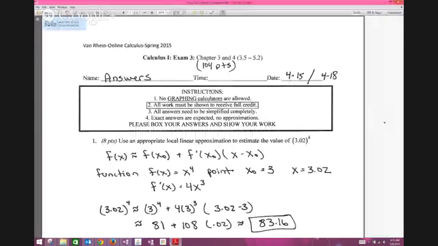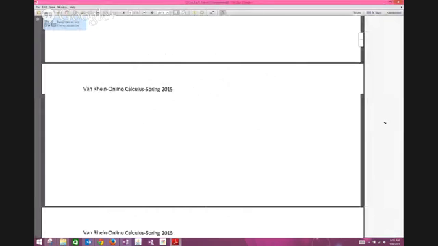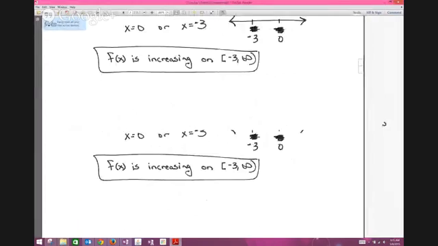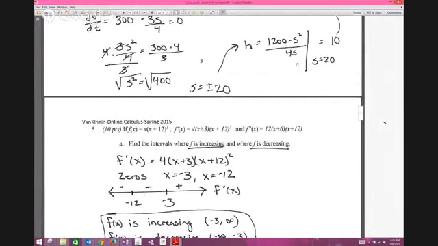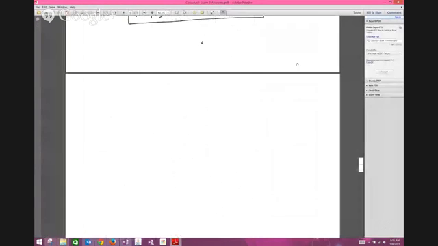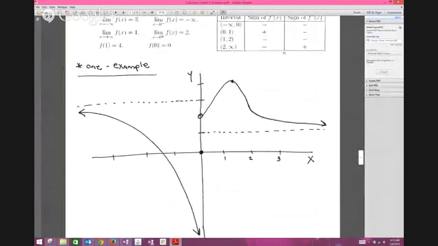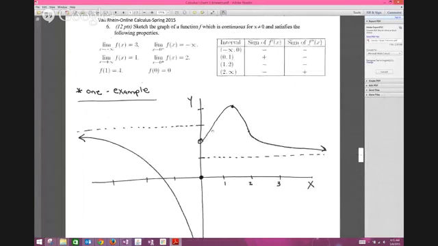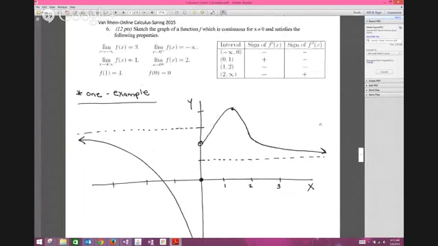Let me open the answer key here. It was maybe a little easier because I gave you this little table for the second derivative as well, so that gives you whether it's concave up or concave down.